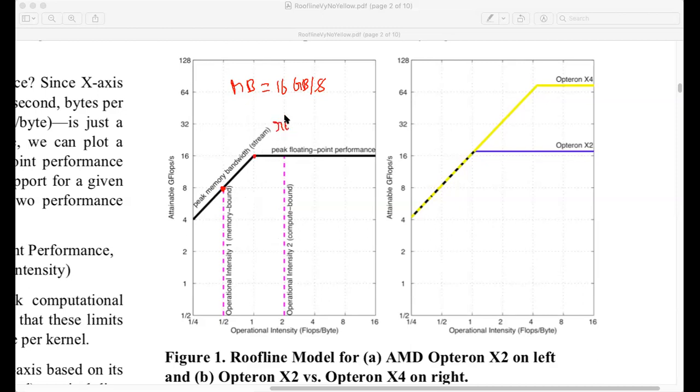By moving from left to this ridge point, memory is no longer the bottleneck, compute becomes the bottleneck, because the processor is not able to do much more. So if we can re-architect the application somehow and increase the operational intensity from half to 1, then we are good. We are able to use the processor to the best of its abilities.